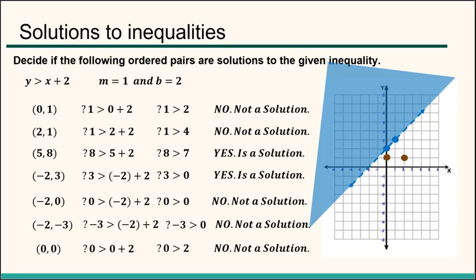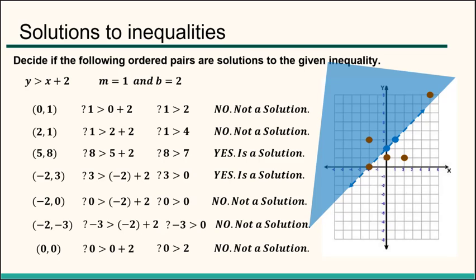What about 5, 8? If I were to graph 5, 8, he's in the shaded part. And you know what? He was a solution. What about negative 2, 3? There he is. He is in the shaded part, and yes, he was a solution. So when I plop the last 3 points down, they better not be in the shaded part.